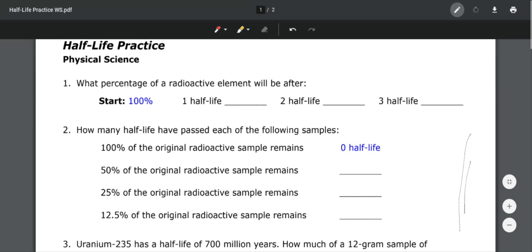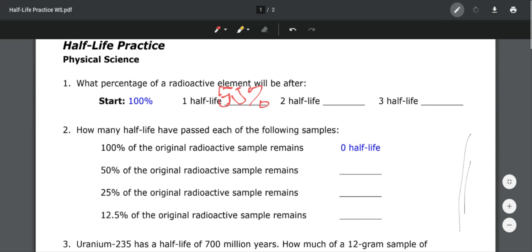All right, the first one being, okay, what is the percentage of radioactive element after starting amount, one half-life, two half-lives? Now remember, a half-life is the amount of time it takes for half the atoms to decay. And every isotope has a different half-life. So in this case, if I start with 100% after one half-life, I'd be down to 50%.